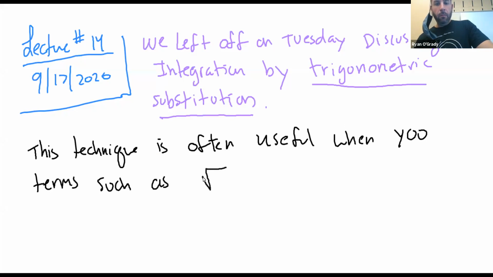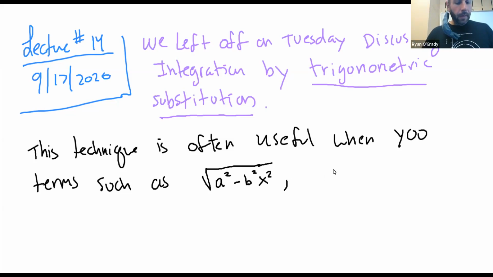So you might have something like a squared minus b squared x squared. Now this looks scarier than what we talked about yesterday. And I'm going to explain this in a little more detail in a second. So bear with me.